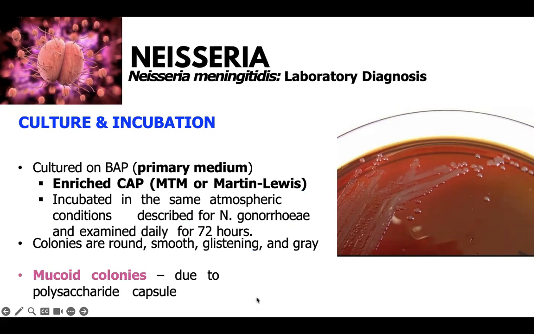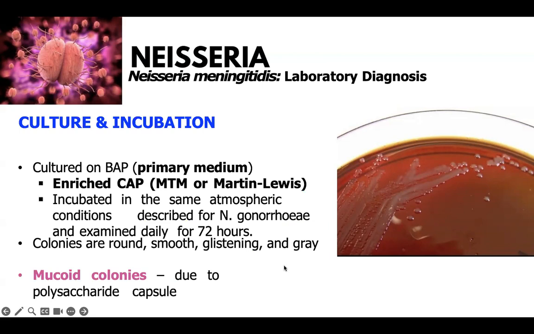At pwede rin naman ulit gamitin ang enriched chocolate agar plate. You can go for modified Thayer-Martin or Martin Lewis. Incubate in the same atmospheric conditions as your gonococcus and examine daily until 72 hours. So after 24, after 48, and then finally after 72 hours.